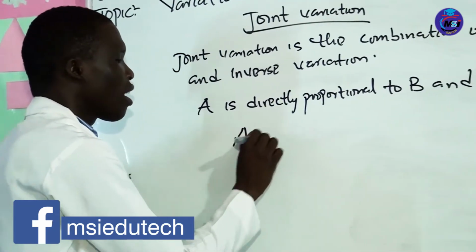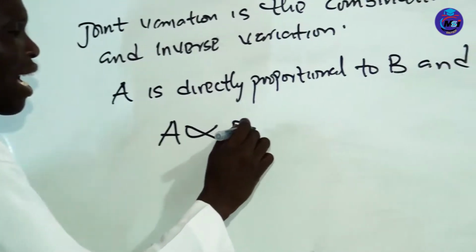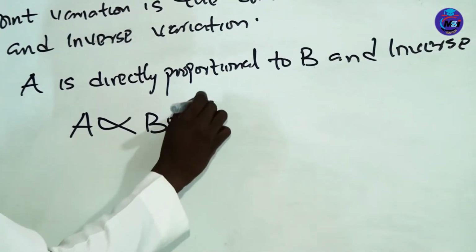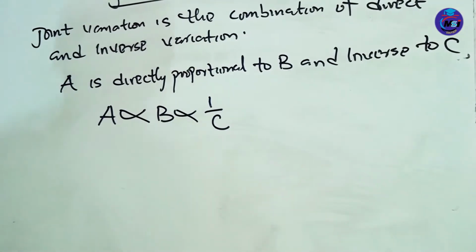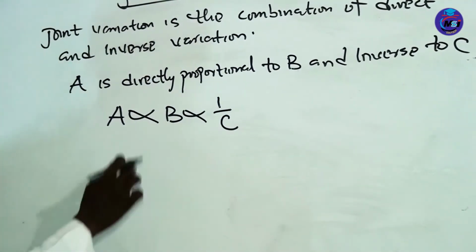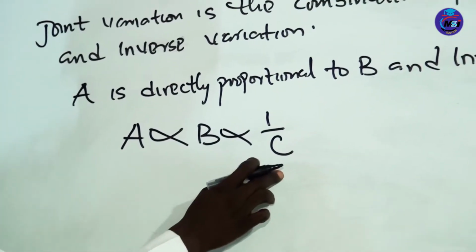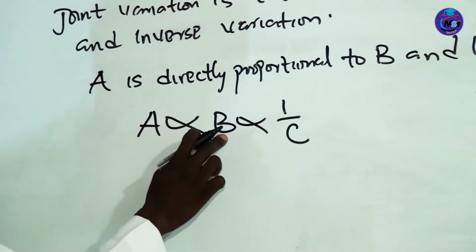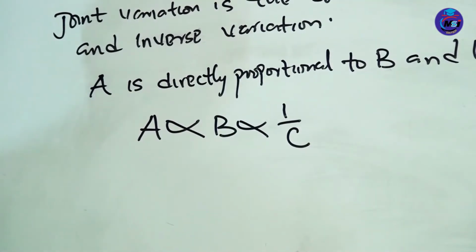Just A directly proportional to B and inversely proportional to C. Now, you can see that we have A, B, and C. A is directly proportional to B, and A is inversely proportional to C.